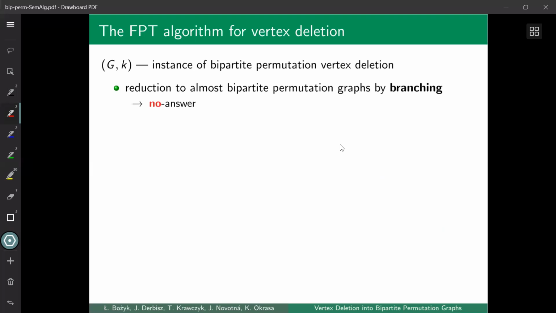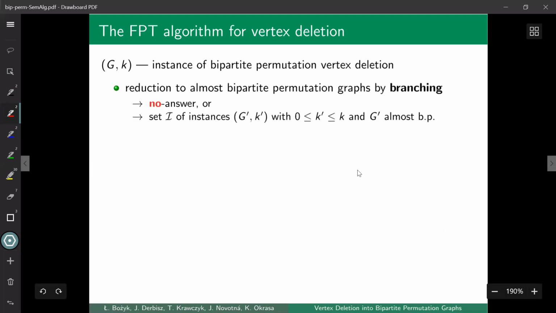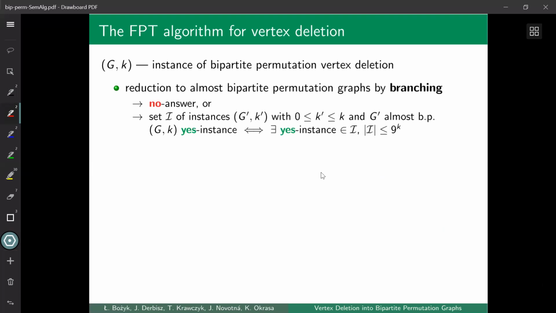And either we run out of budget in every case and still have some forbidden structures inside, so we cannot reduce to almost bipartite permutation graph, or we get an equivalent set of instances. So we have an answer yes in the general problem if and only if at least one of the answers we get is a yes.